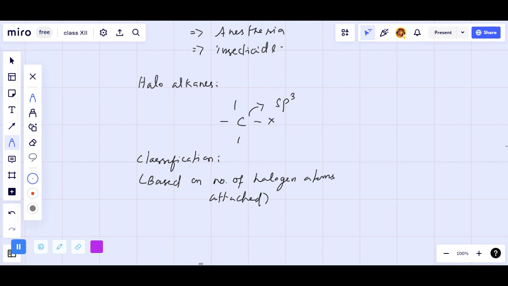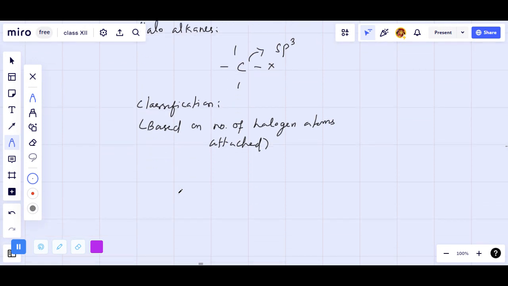These may be classified as mono, di, tri, tetra, or poly, etc. Suppose it is a monohaloalkane. Example for this one is C2H5X. That means only one halogen atom is there.